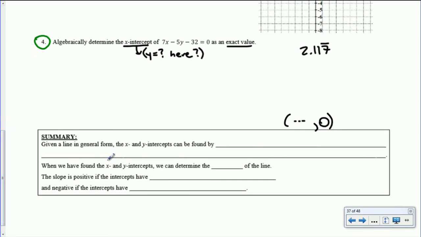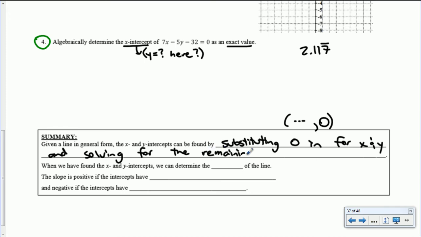Okay, so in summary, given a line in general form, the x and y intercepts can be found by substituting 0 in for x and y, and solving for the remaining variable.